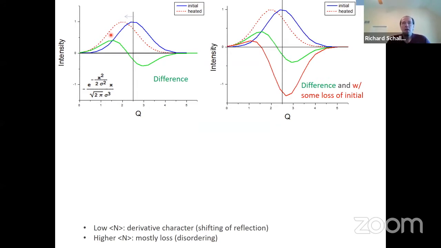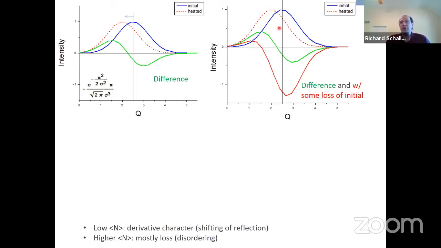So that's one scenario. A second scenario is that you don't just heat the crystal. Maybe you heat some number of the nanoparticles in the sample, but also you're disordering some of them. And so instead of just having this picture of a heated nanocrystal, if you disorder your crystal, you start to lose the possibility of having Bragg diffraction because you don't have a crystal. You need to be able to have well-defined phase relationships to see these interference peaks at all.